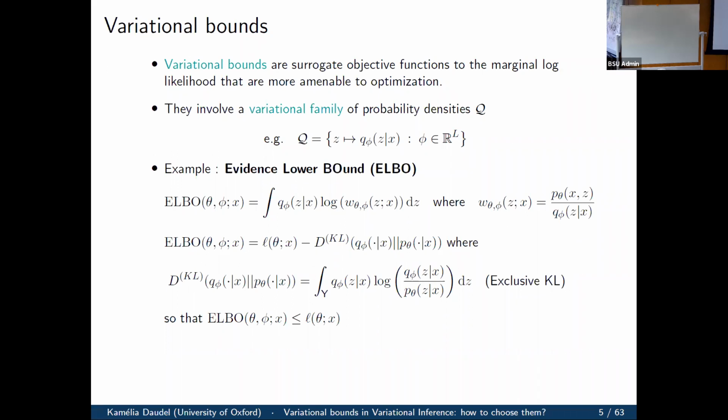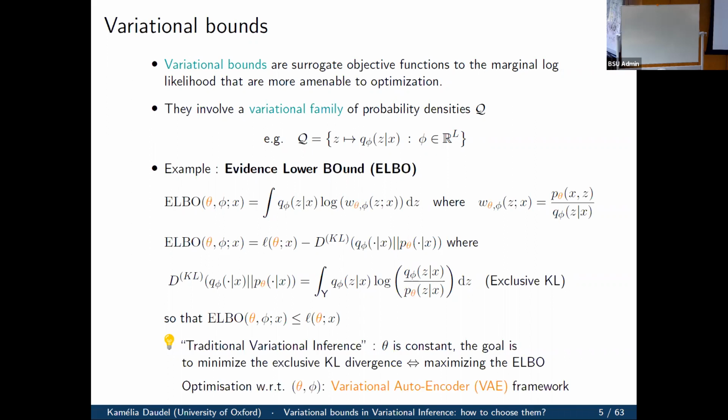All right. At this stage, I just want to make a slight remark. I've told you I'm going to do marginal log likelihood optimization. This is a bit different from what you've seen so far, in the sense that in traditional variational inference, theta was constant. You were not trying to maximize the marginal log likelihood, but to approximate the posterior density.